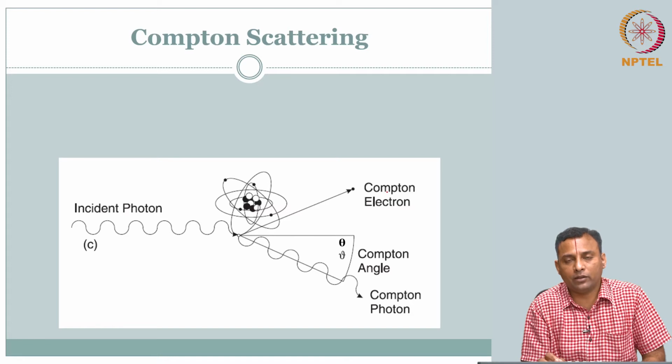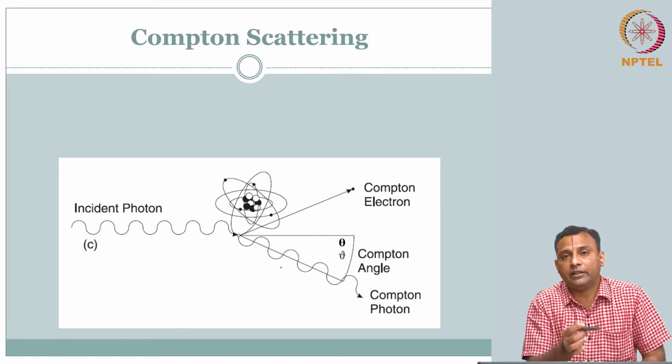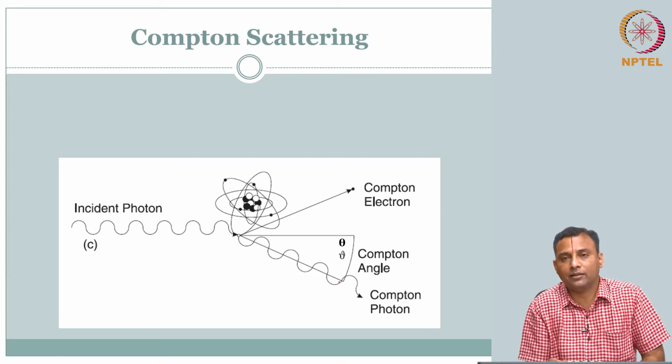When you do that, the incident photon loses energy to the Compton electron. So it now has reduced energy, and with the reduced energy, after kicking the electron out, it scatters to a different path.